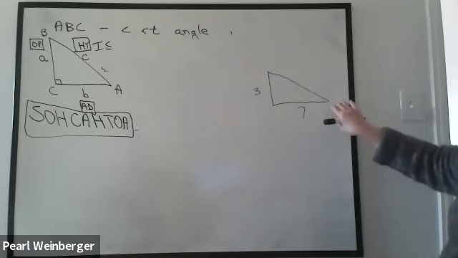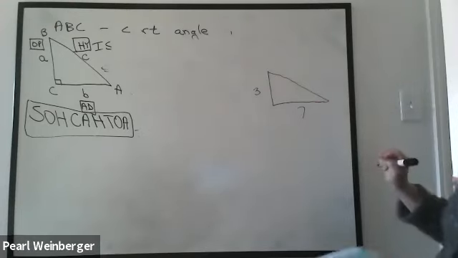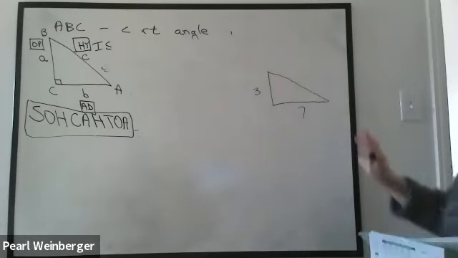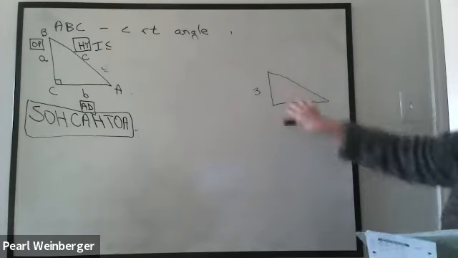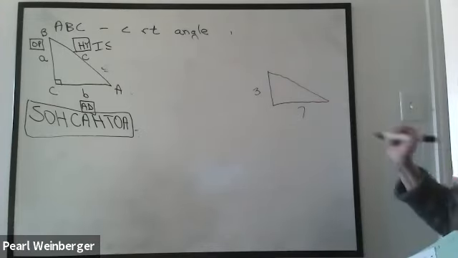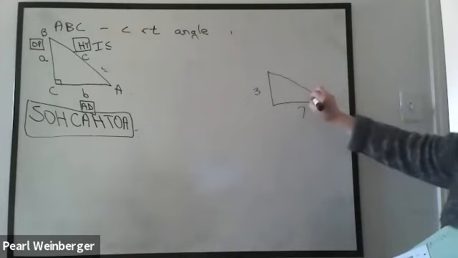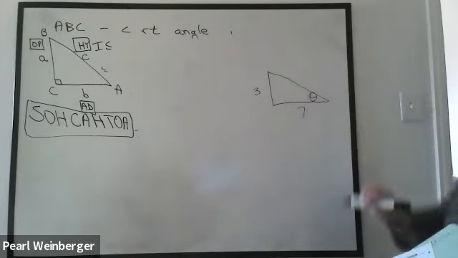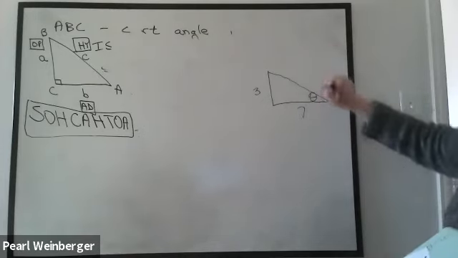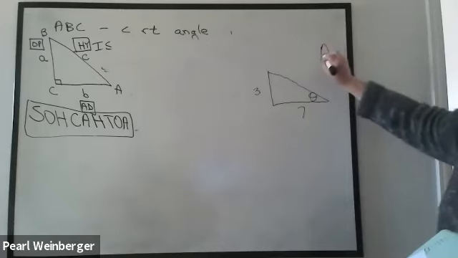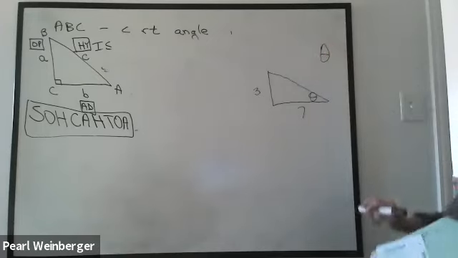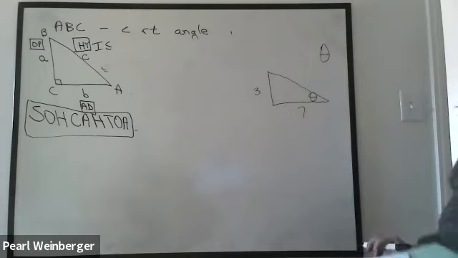Now, usually they would put A, B, and C on it. So sometimes they do A, B, C, like we've been doing. Sometimes you'll see something like this. It looks like a 0, but it's not. It's a 0 with a line across. It happens to be a Greek letter.